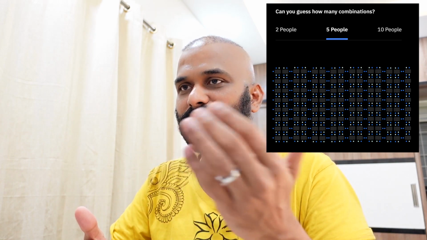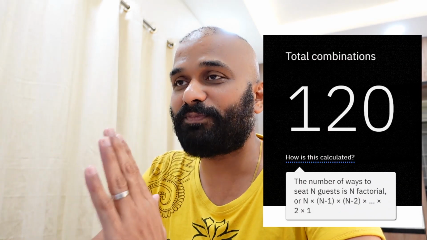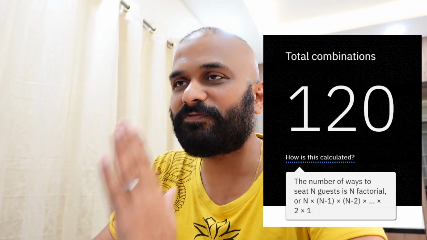Now imagine five people at a table, two people sitting this side, two people sitting opposite, and one person sitting at one place, in the left maybe. Now if there are five people, what combinations are possible? There are 120 combinations possible for five people to sit at that table.